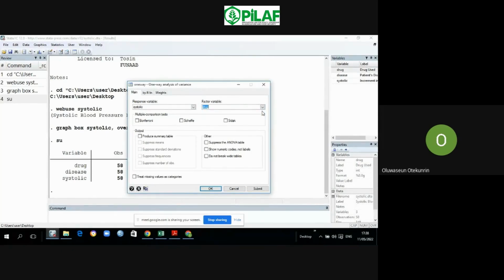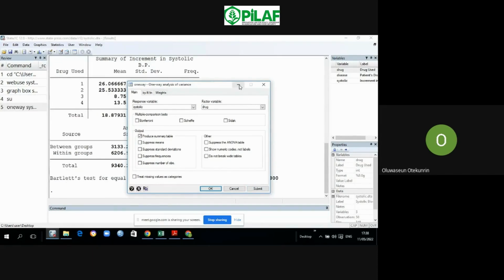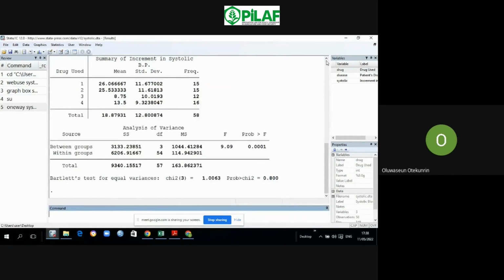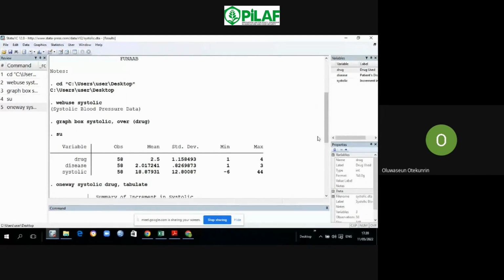Then we need summary tables, summary statistics. So click produce summary table under output, and then click submit. You can see the ANOVA table now. The first thing you will see is the summary table.